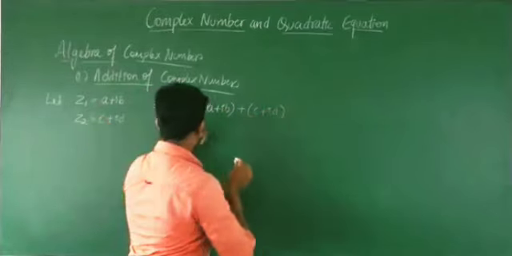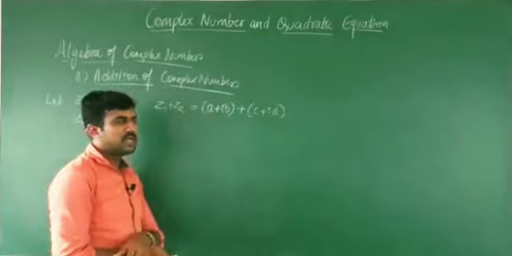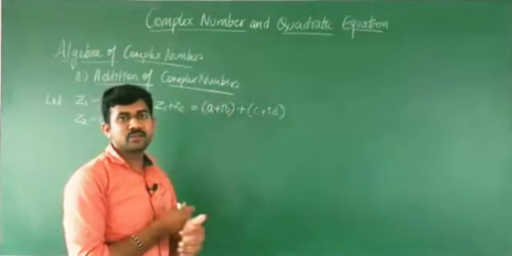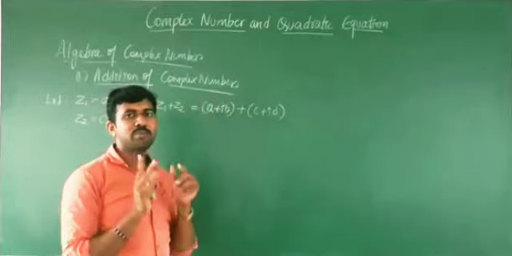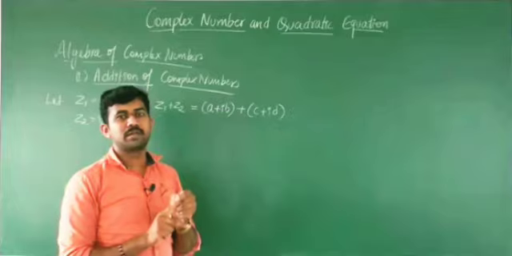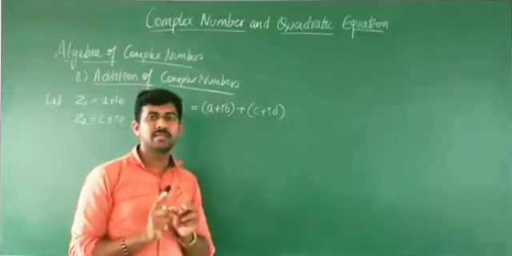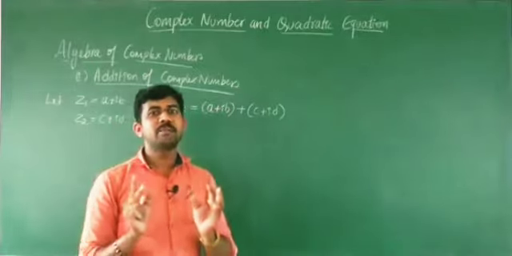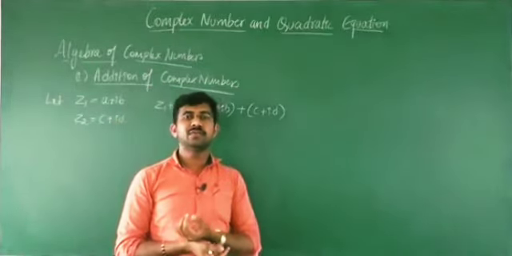Now to add them, directly we can't add all the numbers together. There are two parts in a complex number, the real part and the imaginary part. So when adding two complex numbers, we should add the real parts together and the imaginary parts together.